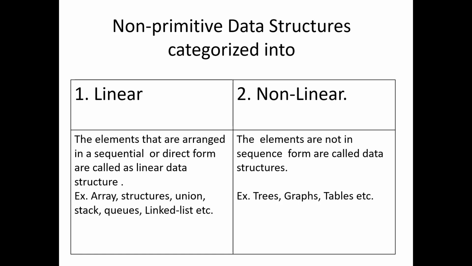Example, we can say arrays, structures, unions, stacks, queues, linked list, etc. Then coming to non-linear data structure, the elements that are not in sequence are called non-linear data structures. For example, trees, graphs, hash tables, etc.